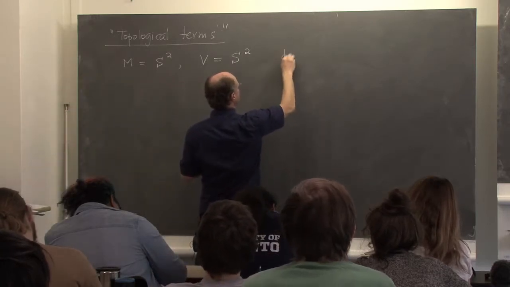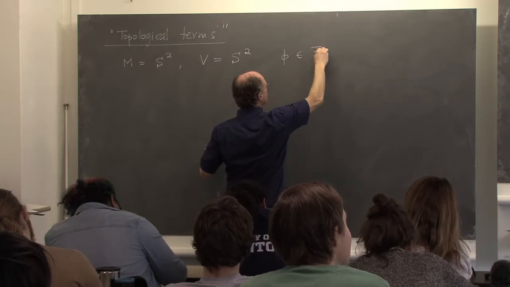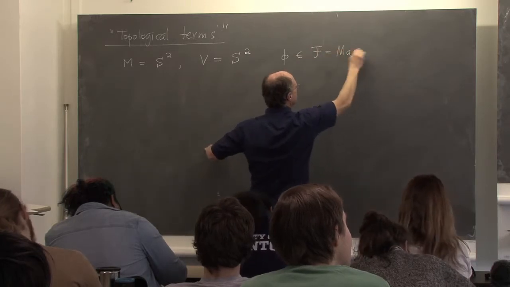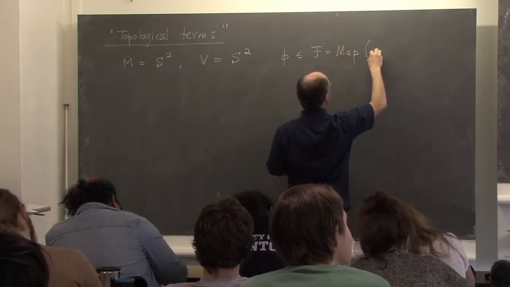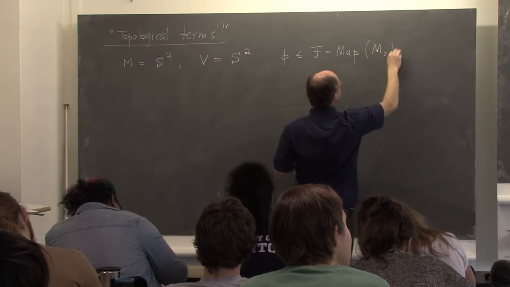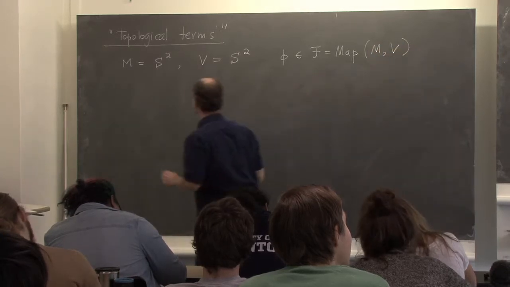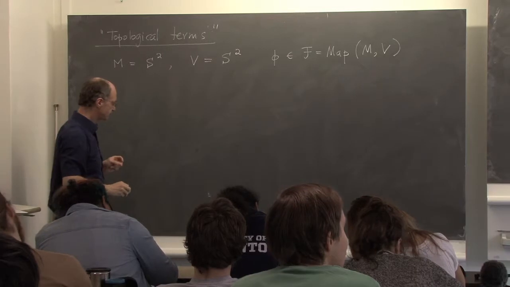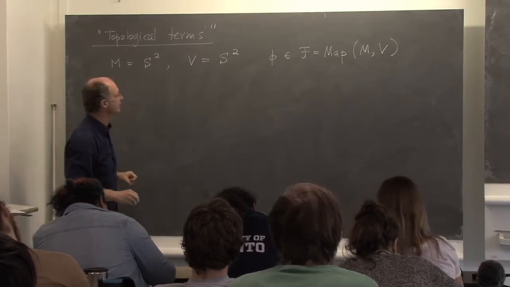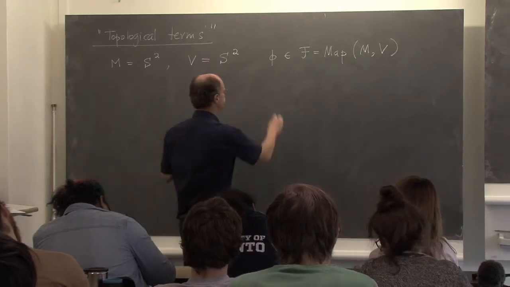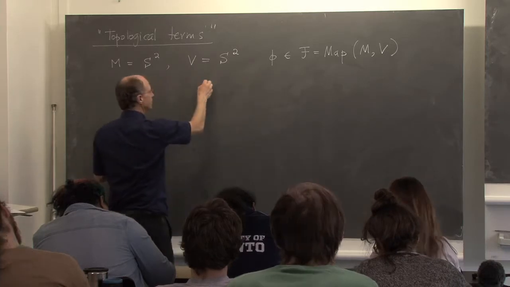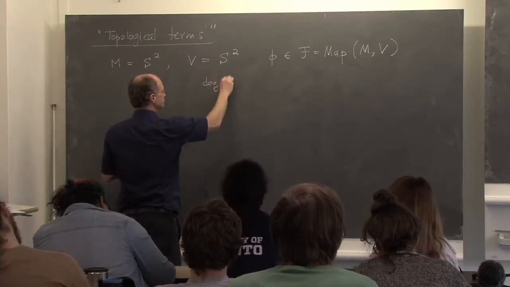So phi will be an element in the space of maps from M to V. And well, again, this map has a degree.